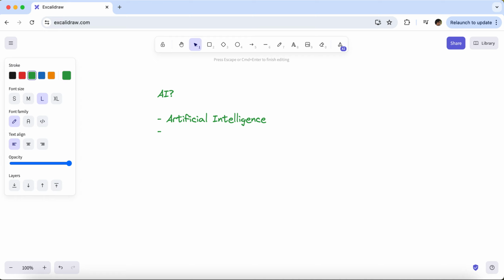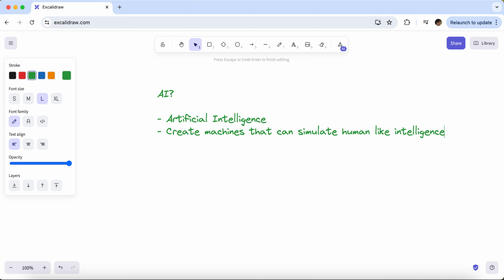And the goal of artificial intelligence is to create machines that can simulate human like intelligence. This is the simple definition of artificial intelligence or AI that we can make. The goal of AI is to create machines. Now that machine could be anything.